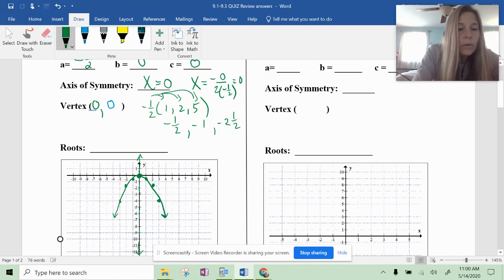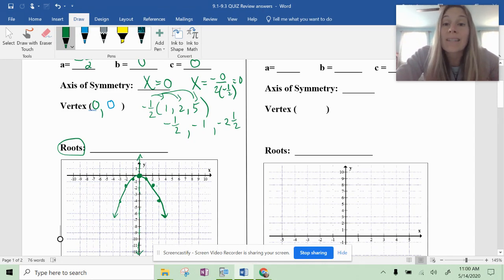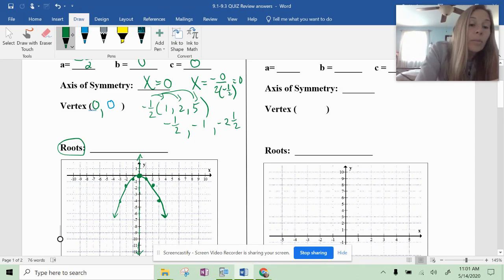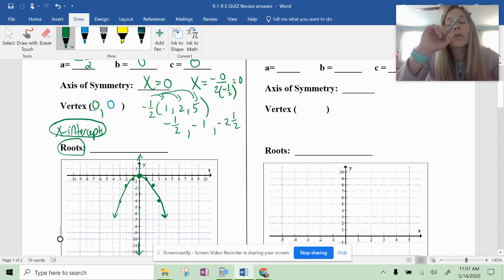Now, you might notice, okay, well, this here says roots. What does that mean? Well, roots is another word for solutions or x-intercepts. So remember, we did talk about x-intercepts when we did the intercept method. So it doesn't matter what form your equation is in when you graph it, there still can be x-intercepts.